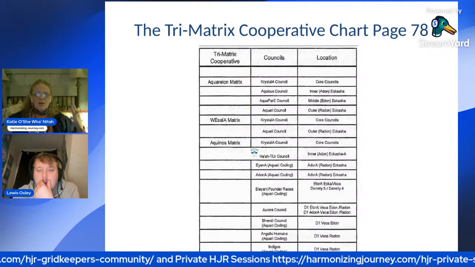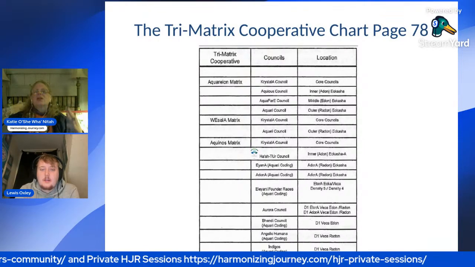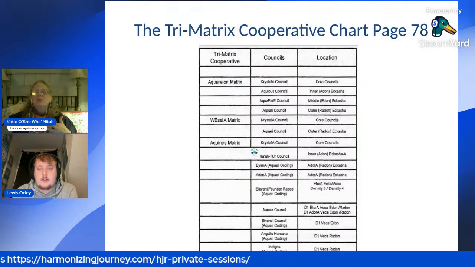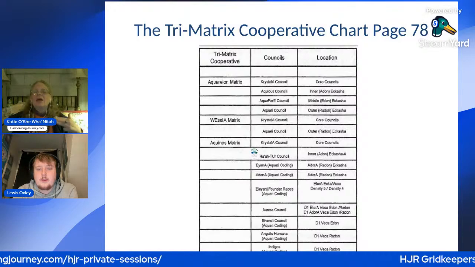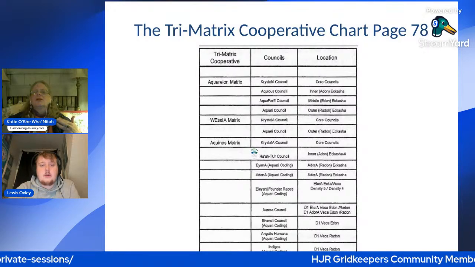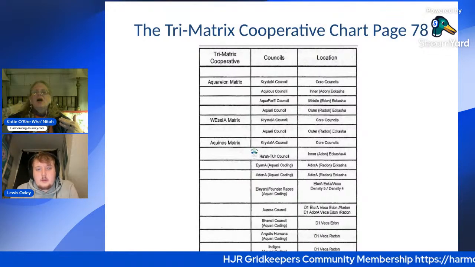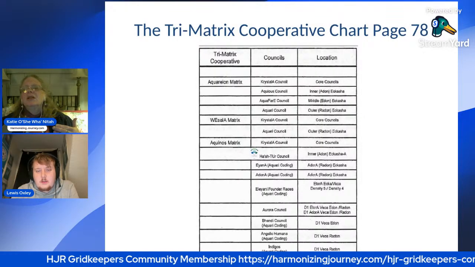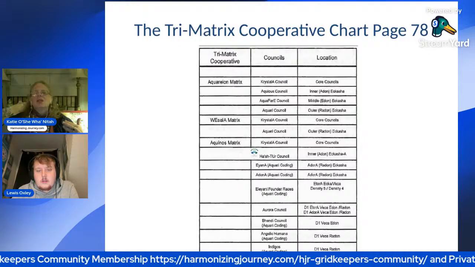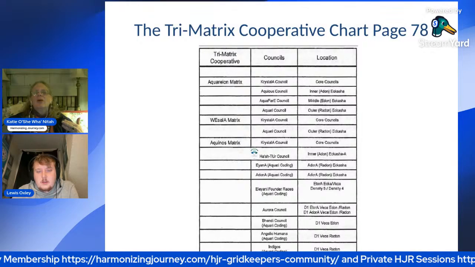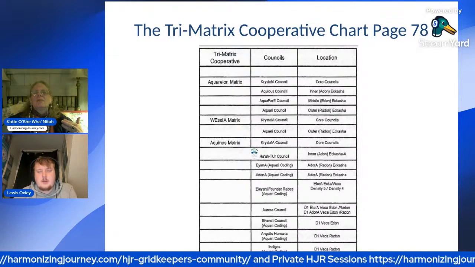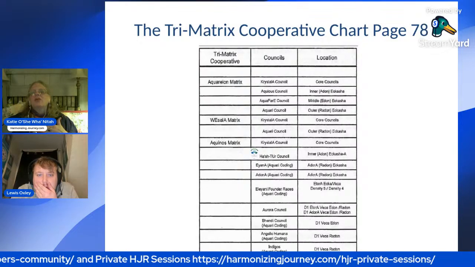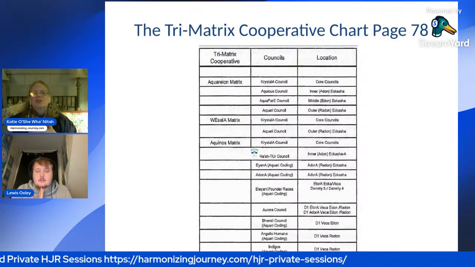And there, for the Aquarian matrix, is a representative or aspect in the inner Adon Akasha. Then you have the Aquafari Council of the middle Edon Akasha. And then you have the Aquari of the Council of the outer Radon Akasha.